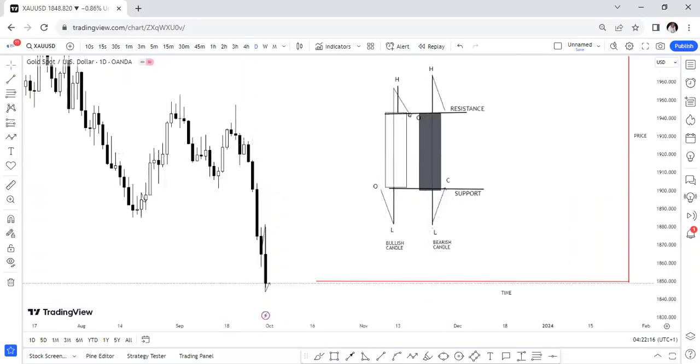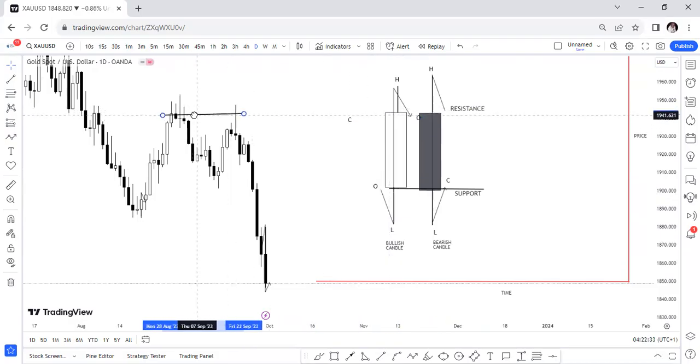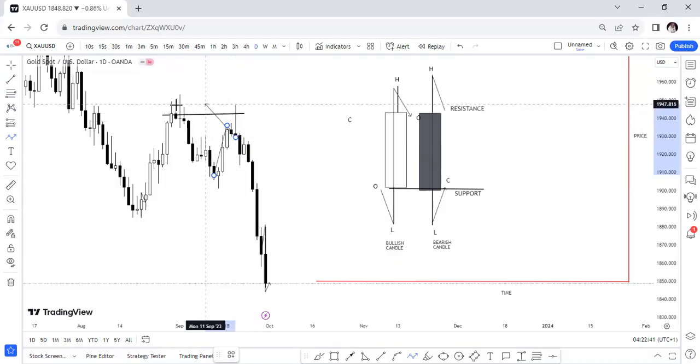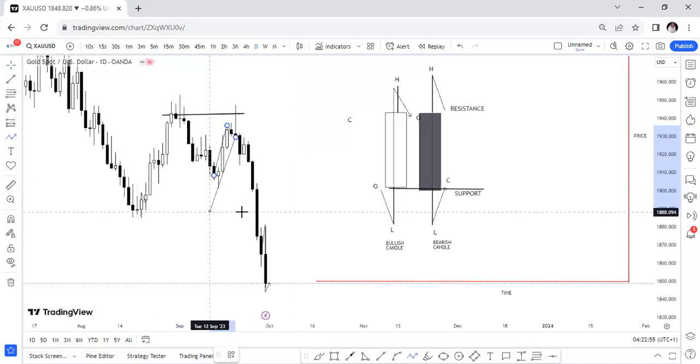So for here now, this is the resistance level. Price has moved to take out the whole stop loss available above this resistance level, then they will start coming down to trade off this level of support.